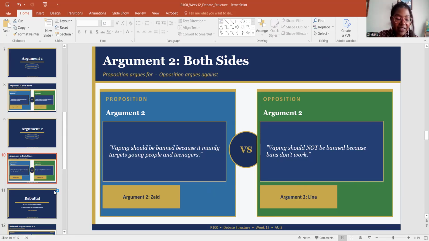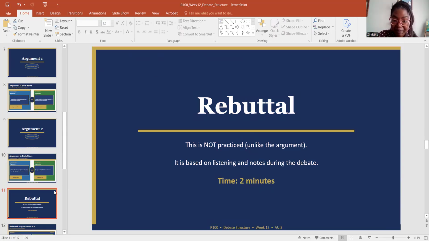Then after you've done the argument, it's the rebuttal. This is not practiced. It is based on listening and notes during the debate. Okay? You are not going to practice this part. You need to listen to your opponent, make notes, and then refute them.